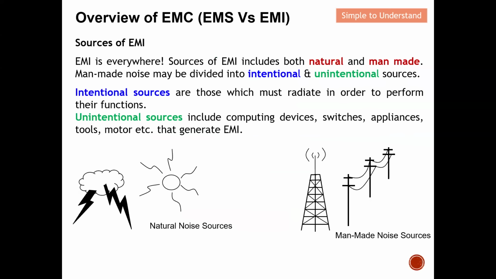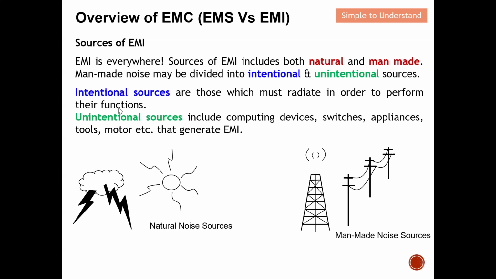Our mobile phone needs to radiate the signal, the EM wave, then it will be able to function. Without any radiation, our phone will not be able to work. So for the phone, this is what we call the intentional source. The source of the radiation or EM wave is intentional, and because of this, they are able to function.